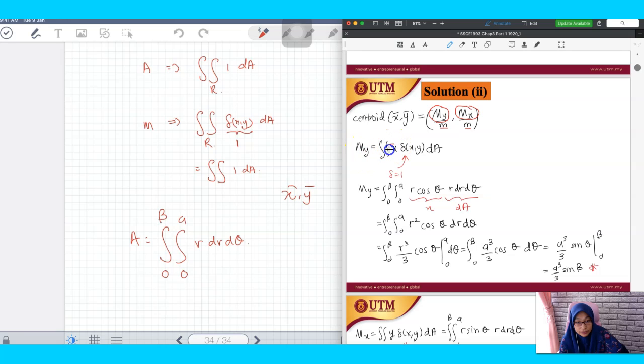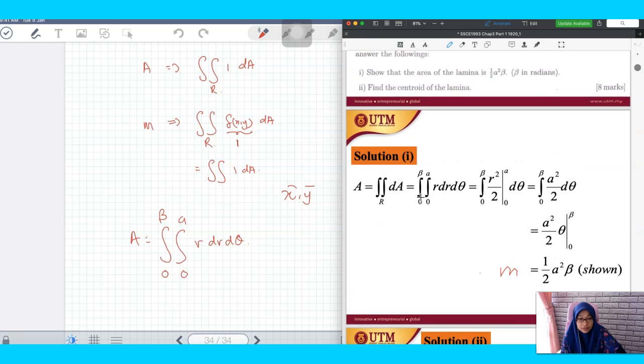So you have to put the x here, density is equal to 1, and because you want to solve using polar, you have to replace the x in terms of polar, which is r cos theta, and dA is r dr d theta, and we should use the same limit, because our region here is the same.